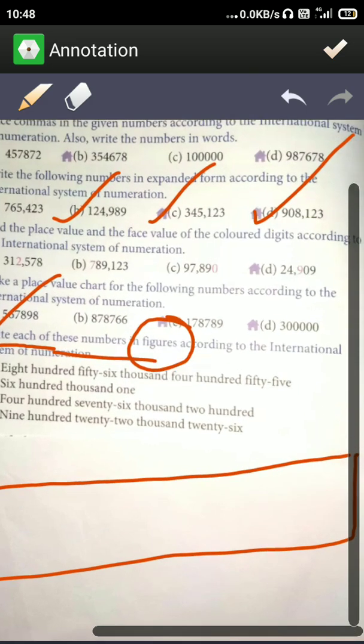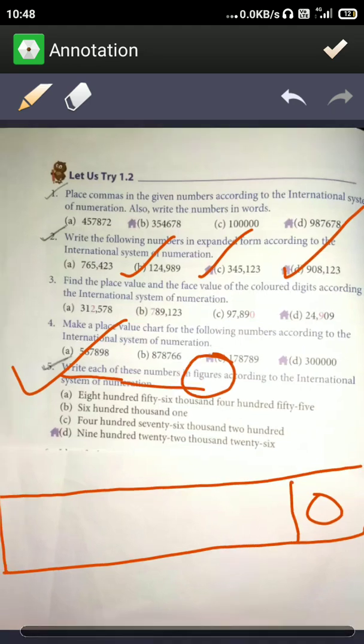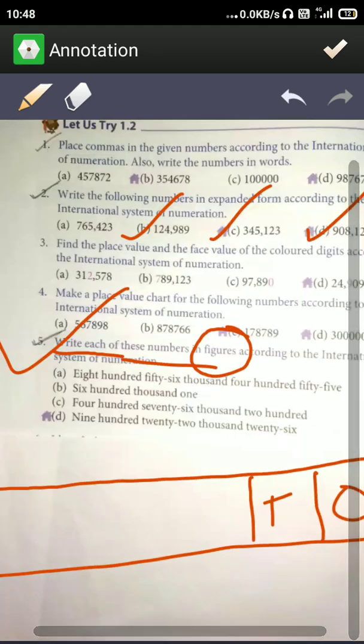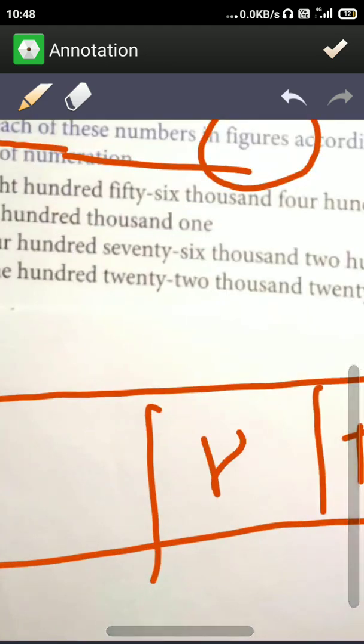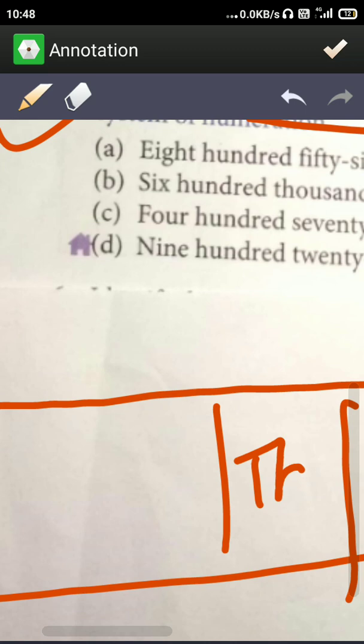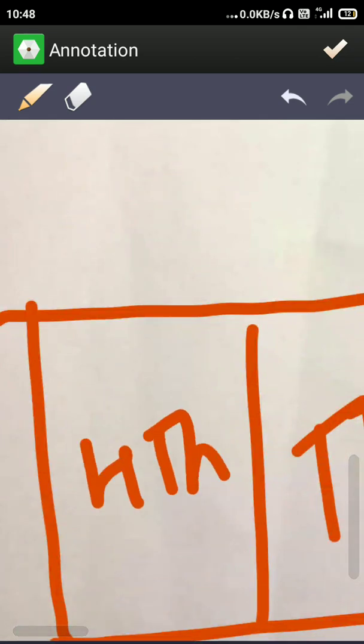Okay, so let's make it: ones, tens, hundreds, thousands, 10,000s, 100,000s.